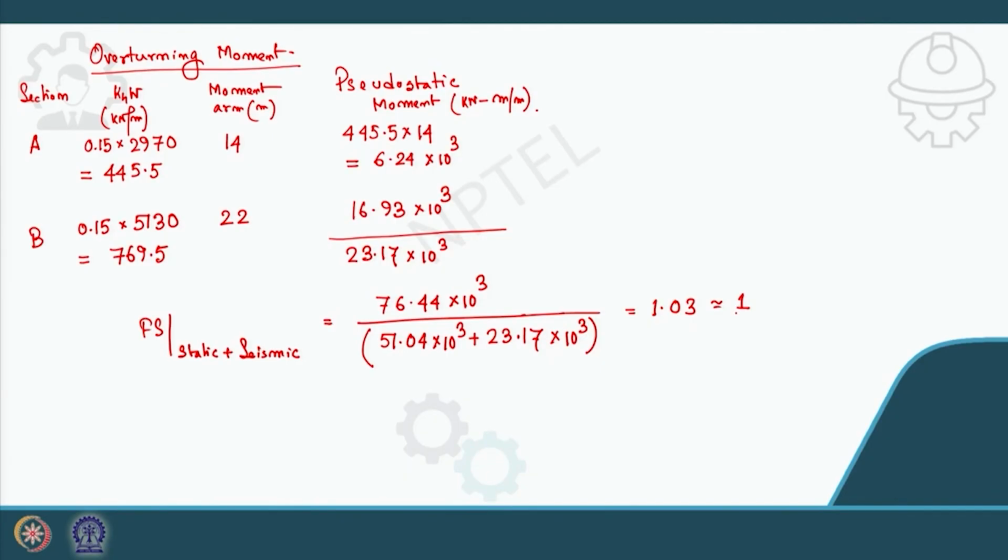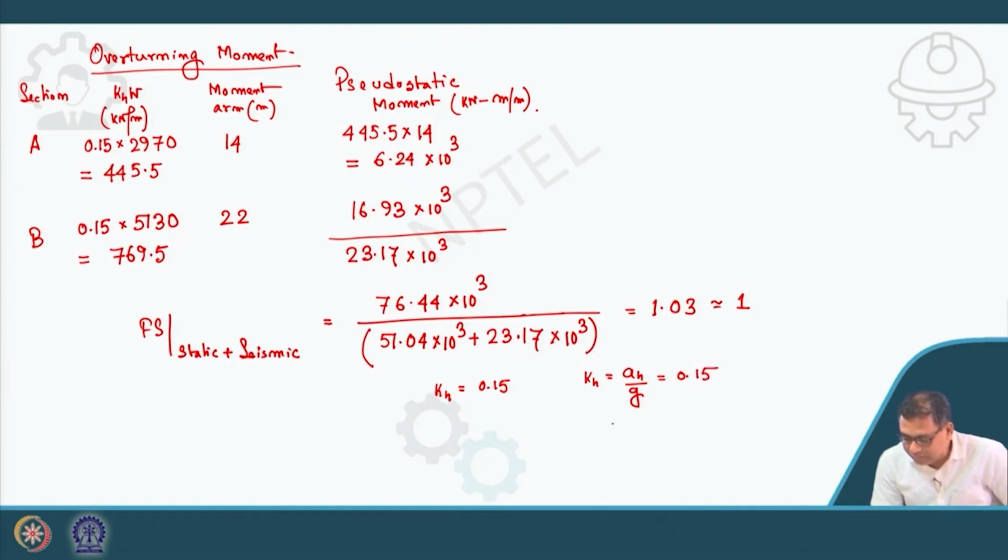That means I have considered kh equal to 0.15, and kh is what? kh is equal to ah divided by g. So that means here ah is equal to 0.15 g. So I can say my yield acceleration here is 0.15 g.